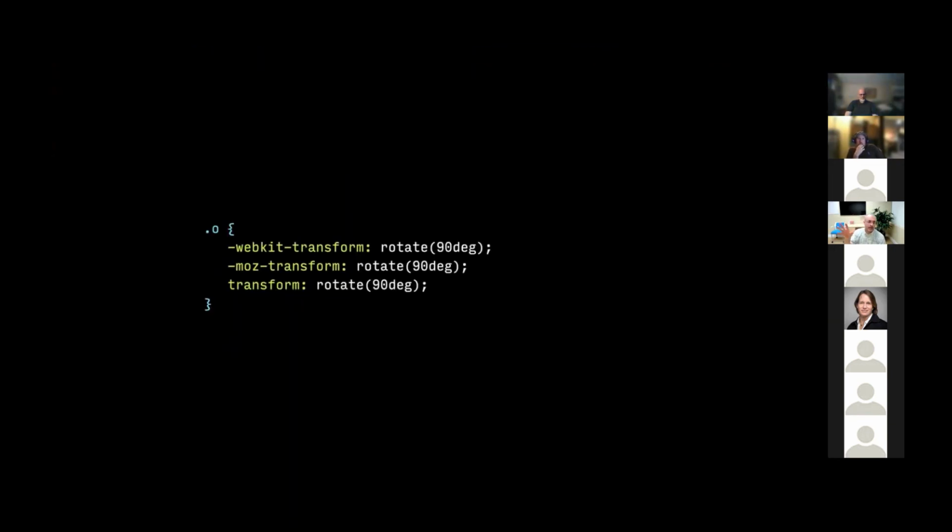So yeah, with that span added, unassumingly called class is O, right, for the letter O in the bonus features. We just use the transform rotate to rotate it by 90 degrees. It's really not anything special. The only thing, if you want to rotate letters to create these special effects, you might want to also tweak margins a little bit to space it correctly where it needs to be.